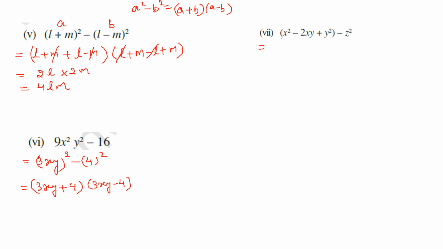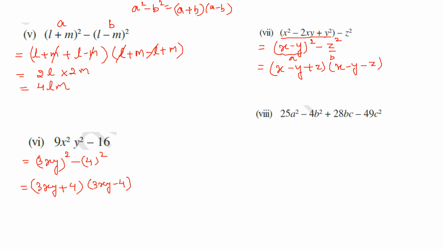So if you see here, this is your identity A square minus 2ab plus b square. So I can write it as x minus y whole square minus z square. Now it is of the form A square minus B square, where this is your A and this is your B. So A square minus B square means A plus B. So A is x minus y plus B is plus z, and then A minus B. So A is x minus y minus of z.